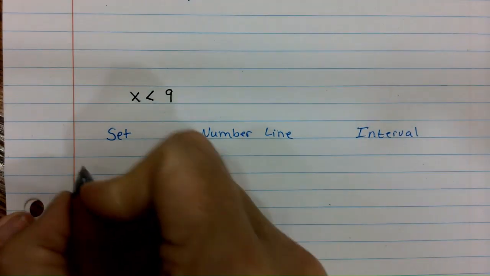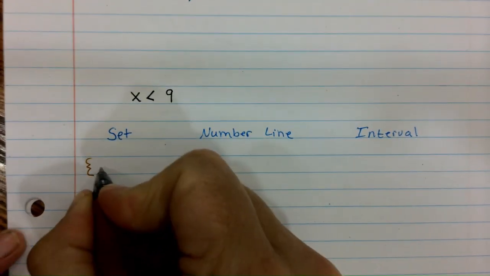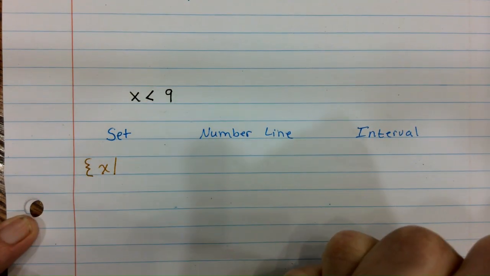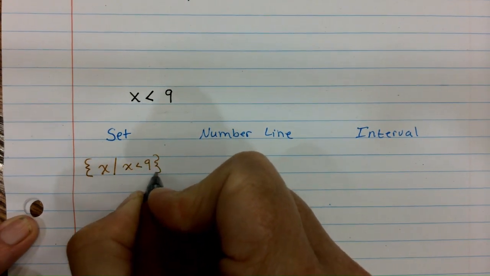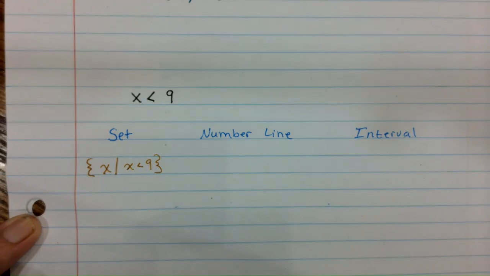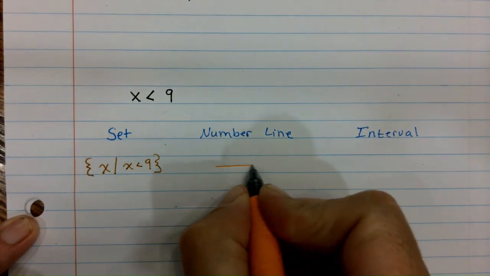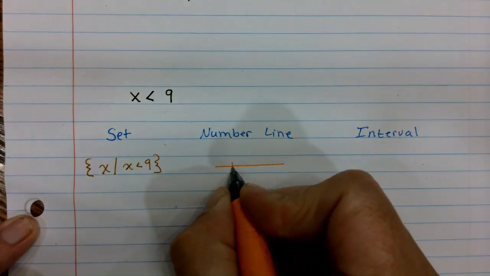Again, with that set, it's really just using the braces, our variable, and that such-that line, then rewriting our statement. When it comes to a number line, it's just that visual image.